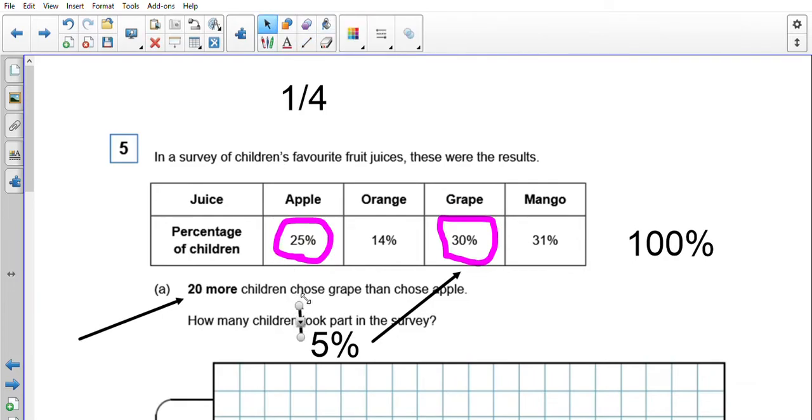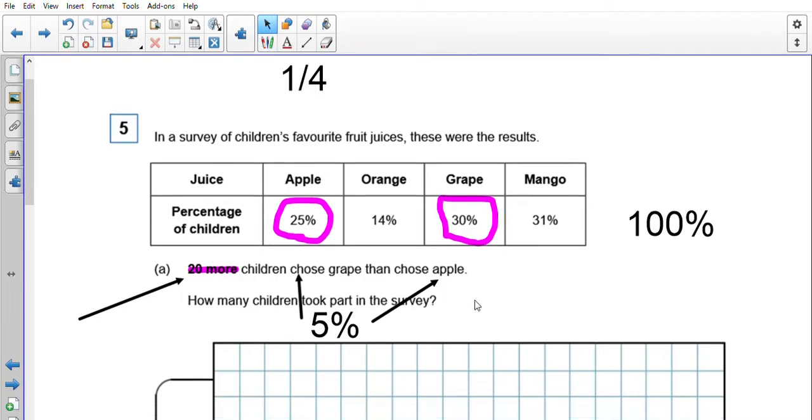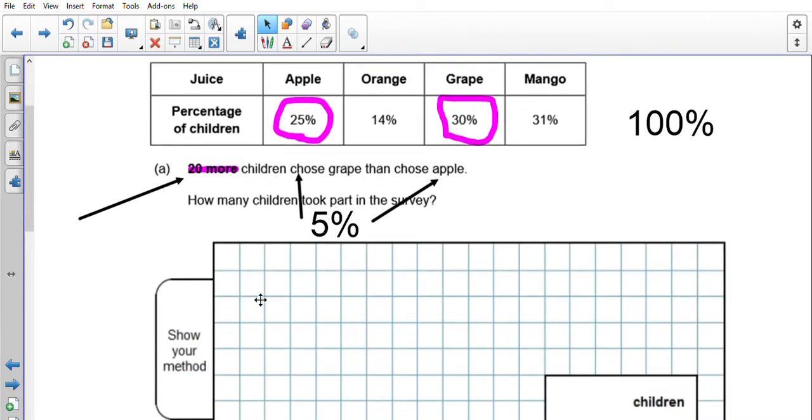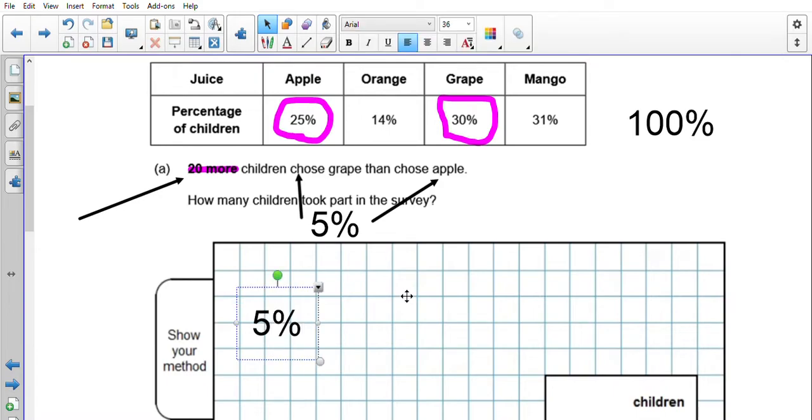So 20 more children chose grape than apple. That's 5%. That means that 5% of my total is the same as 20 children.